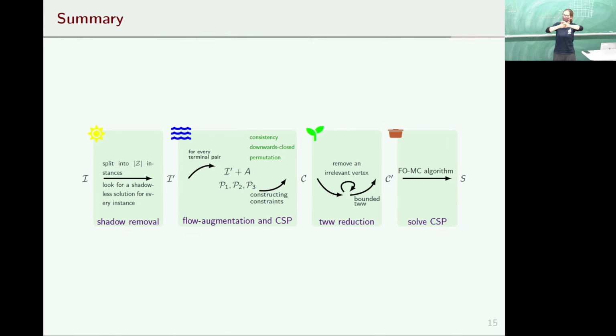It has 2 types of constraints that are specific to one terminal pair, and one type of constraints that actually relates the terminal pairs, which holds most of our complexity. Then we reduce the complexity of this to make it into a new graph and a formula that we can then do the model checking on.